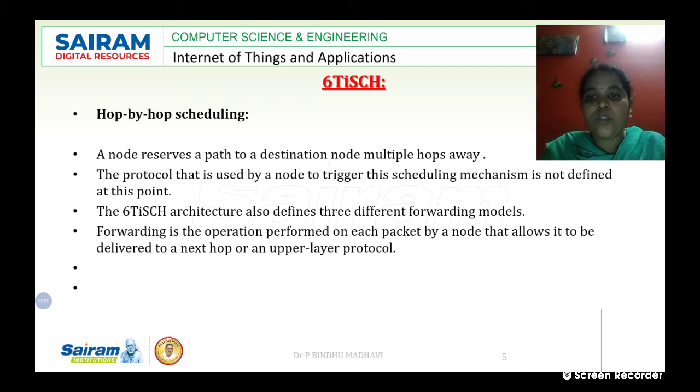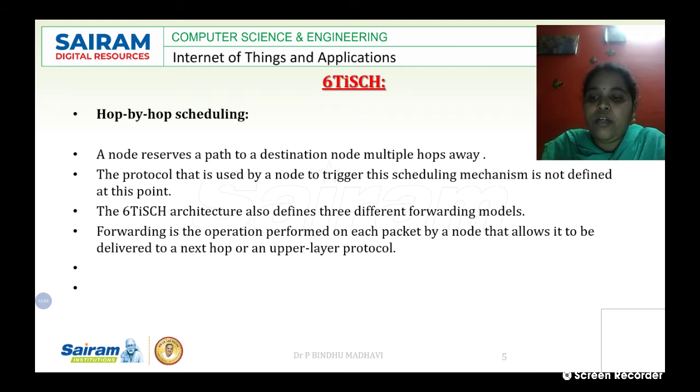So all the nodes will reserve a particular path to the destination node in a multi-hop way. Allocation of all these cells or frames in a proper schedule at each intermediary node hop in a path, we can schedule. So intermediary nodes will be there, and accordingly the schedule will be managed.